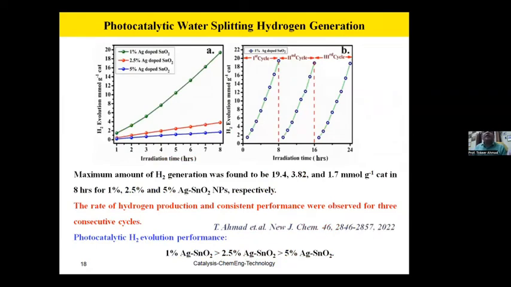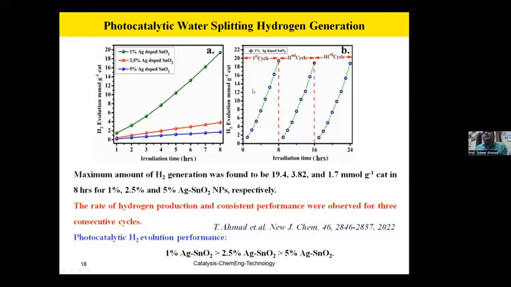Then we did the photocatalytic water splitting measurements for hydrogen energy generation, and we were able to obtain a very high amount of hydrogen, which is 19.4 millimole per gram catalyst in 8 hours. This amount was high as compared to the 2.5 and 5% silver doped nanoparticles. High silver doping produces a corrosive effect on hydrogen generation.